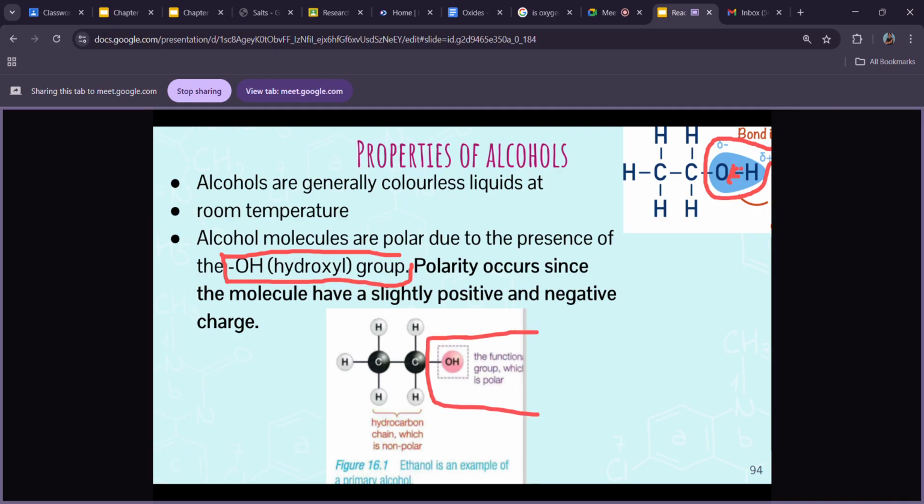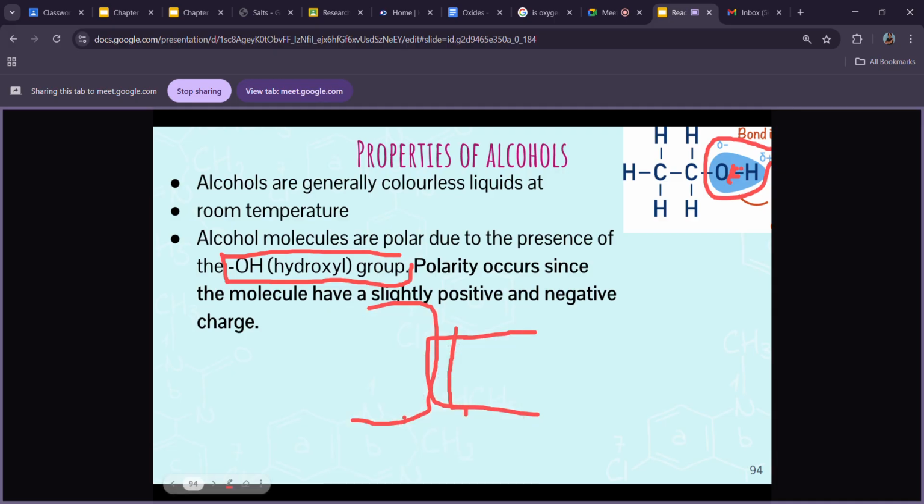Note that the hydroxyl part of the alcohol is polar. The reactive part of the alcohol is the hydrogen, and the rest of the molecule, the hydrocarbon, is non-polar. So you have one part of the alcohol being polar and the other side being non-polar.